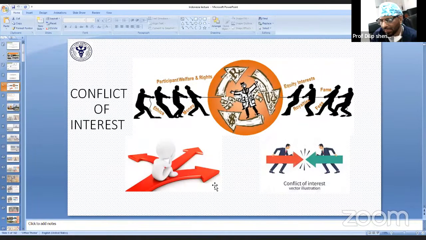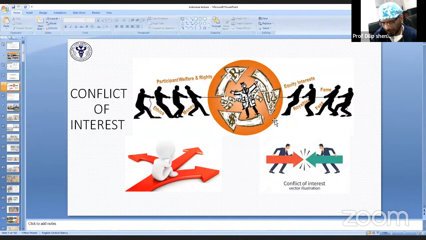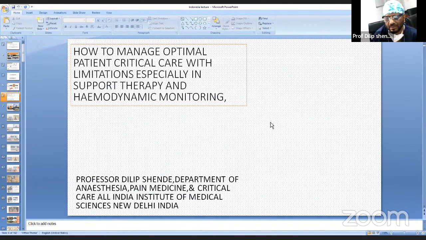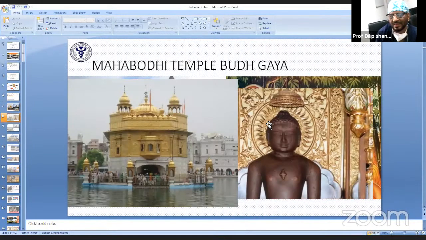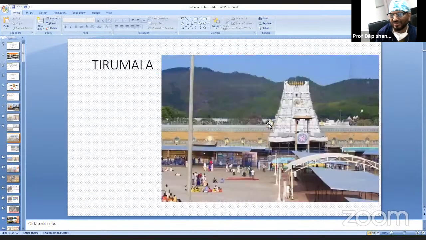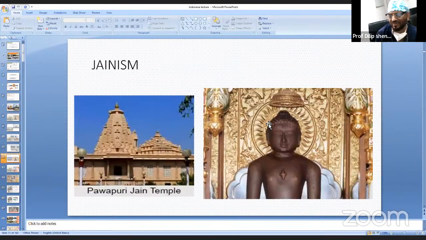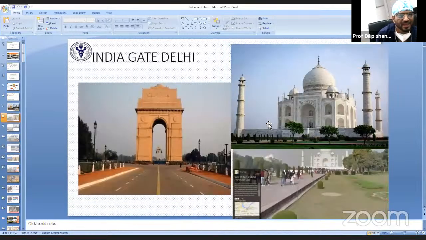Now, yeah, you can see now. Yes, Professor, we can see. Okay. Now, Taj Mahal you can see. Yes, the India Mahabodhi Temple, Bodh Gaya. Okay. So here you will get a few undesired slides, so that I will delete. Okay, and I will start with this.